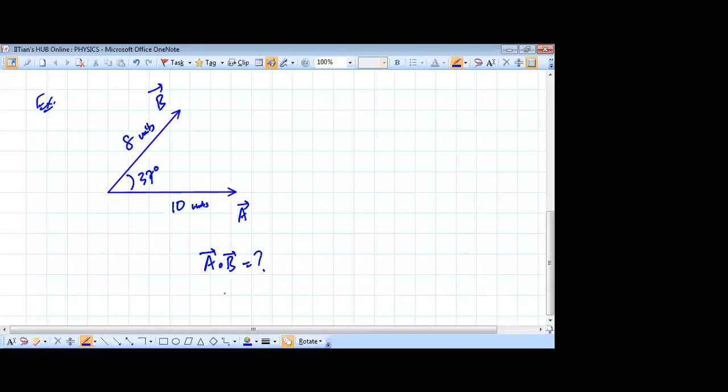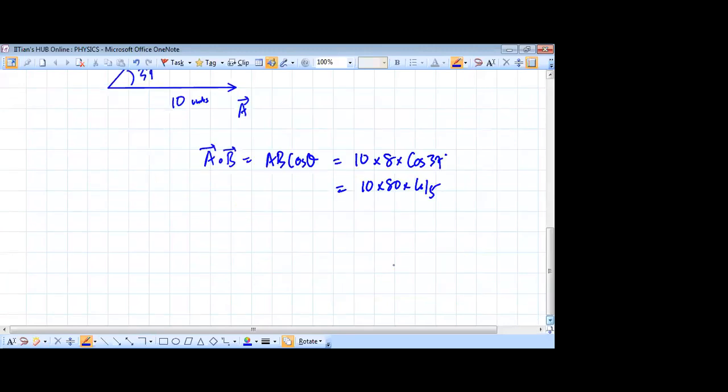So A dot B here will be AB cos theta. You just have to substitute the values. Yes, Ritika, correct. A's magnitude is 10, B's magnitude is 8, and the angle between them is 37. So 10 into 8 into 4 by 5, since cos 37 is 4 by 5.